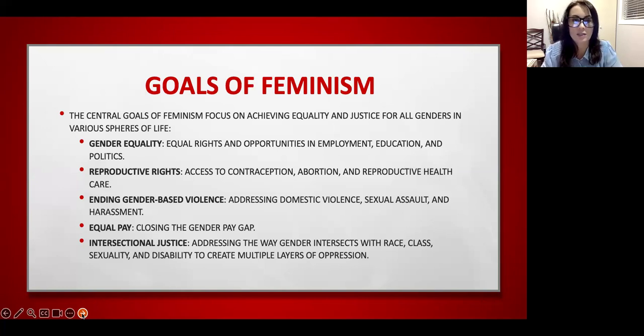Intersectional justice: addressing the way gender intersects with race, class, sexuality, and disability to create multiple layers of oppression. We will be talking in our other classes about intersectionality. Intersectionality helps us to understand individual women's experiences in society based on gender and all other inequalities.